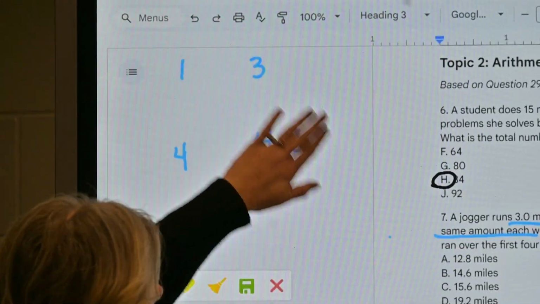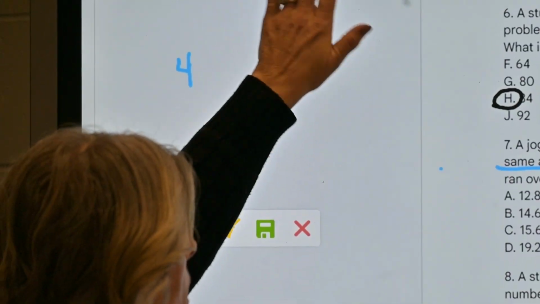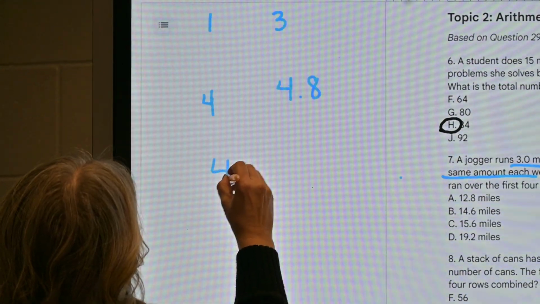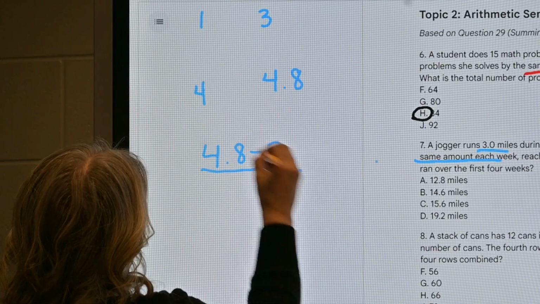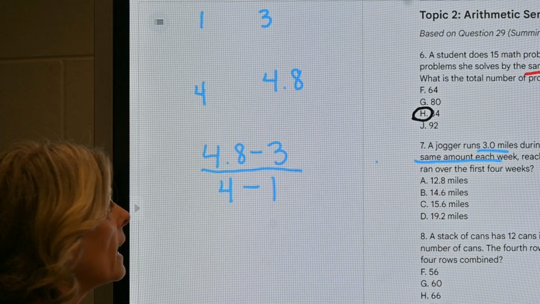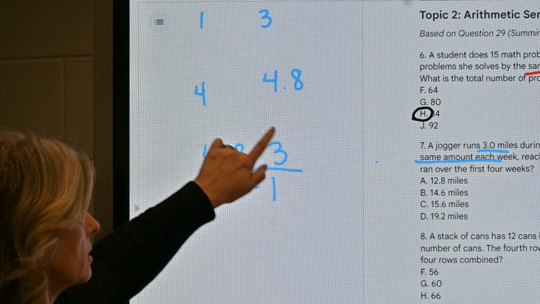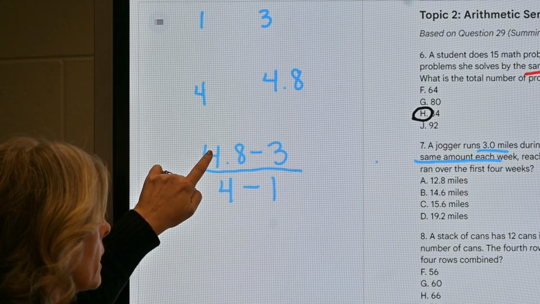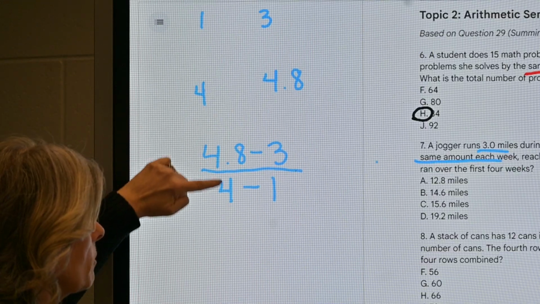Okay, so we're going to find the slope using these numbers. All right, remember our y's go on top. So let me move this down. Okay, so 4.8 minus 3 over 4 minus 1. And just to make sure that you have things lined up right, you need to double check this step right here. 4.8 goes with 4, and they should be right over top of each other.